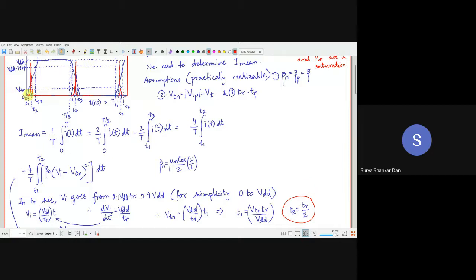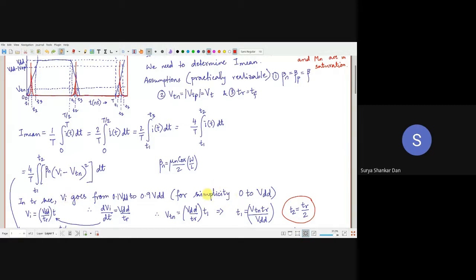Now the problem is with T1. Okay, now see, in TR seconds, Vi goes from, TR seconds कहाँ से? T1 से T3 तक है ना? It goes from 0.1 VDD to 0.9 VDD. Or for simplicity's sake, because remember TR seconds may not be Vi actually, I should write VO goes from this anyway.